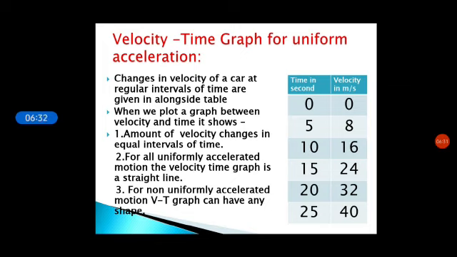But for non-uniformly accelerated motion, the velocity time graph may have any shape depending on how the acceleration changes with time. Based upon it, we have an example. The alongside table represents changes in the velocities shown by a car in a fixed time interval of 5 seconds. As we have learned to determine the distance covered by an object for uniform velocity, in the same way we can determine the distance here too, using a formula and using a graph.